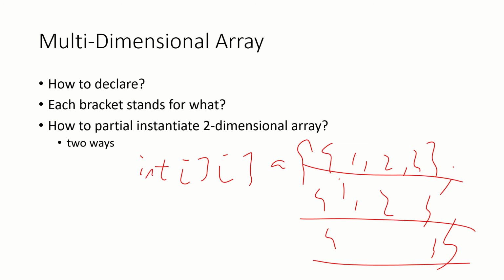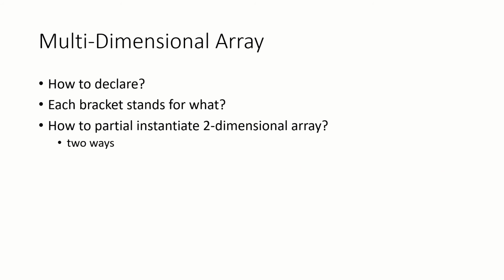Here you can put 2 or 3, 4, 5. This helps you partially define how many columns in different rows. There's another way. What's another way?